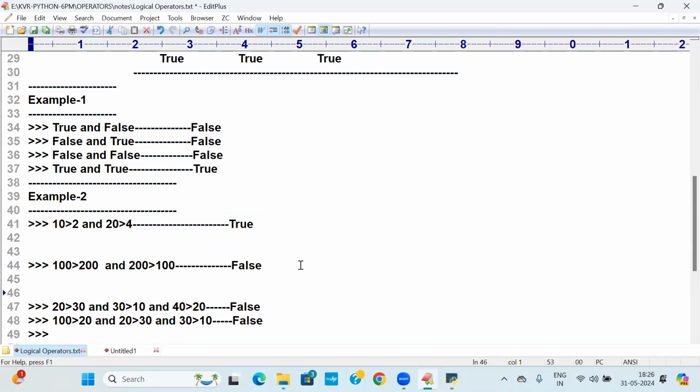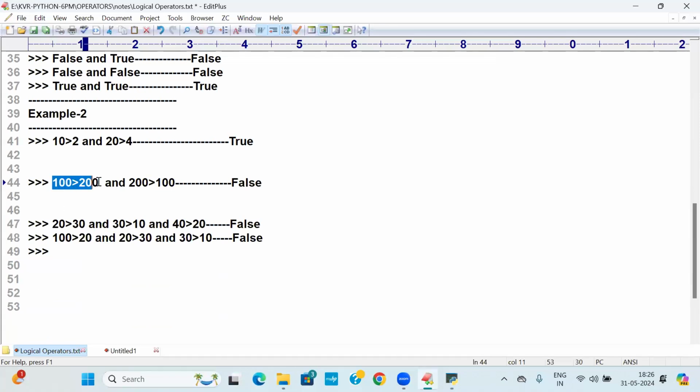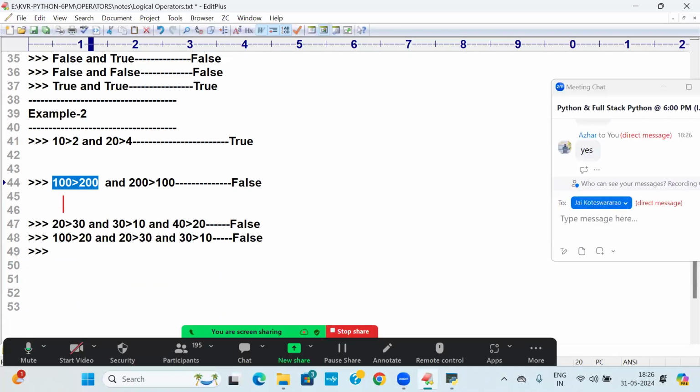What I said, you will understand with the second one. You just concentrate on the second one. What is the first one? False. When the first one is false, the JVM will not go to the second one. Why? When the first one is false, whether the second one is true or false, it doesn't make any difference. With the first one false, if the second is either true or false, the result is going to be what only?